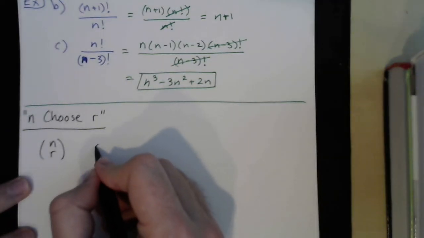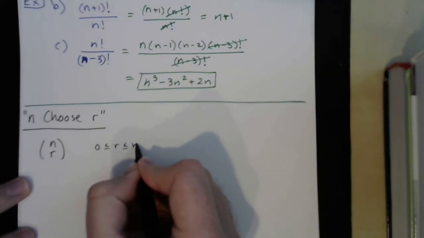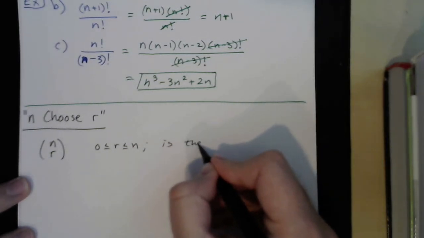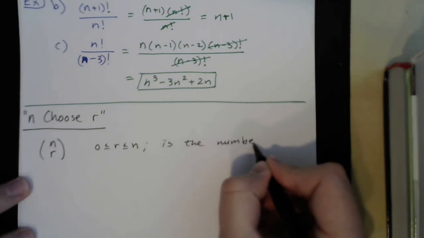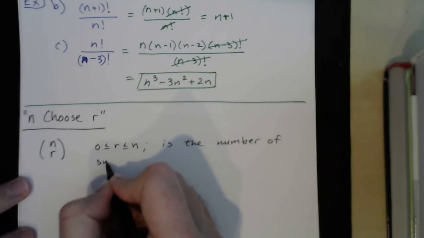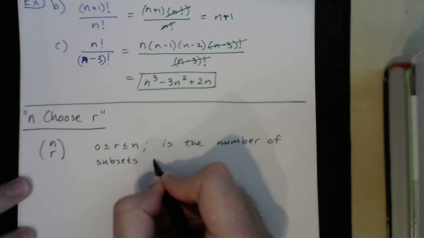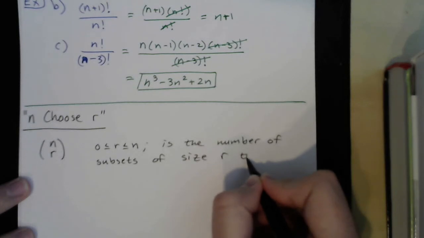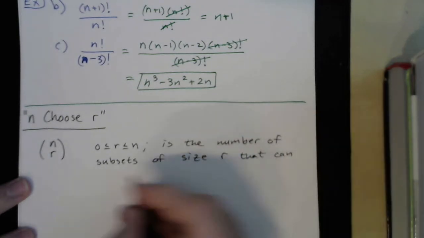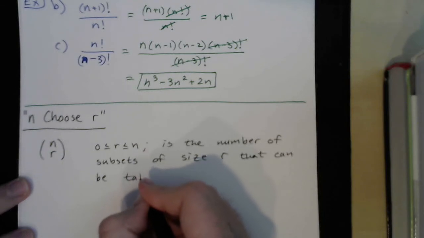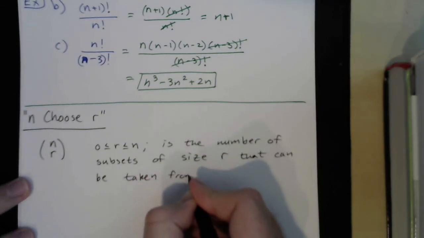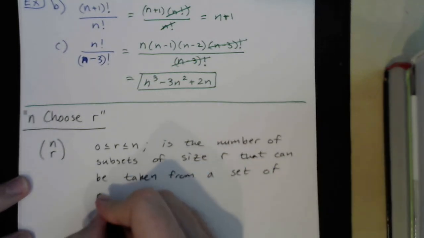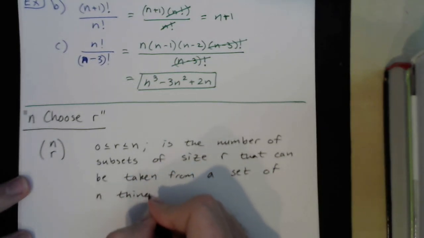The requirement is that 0 is less than or equal to r is less than or equal to n. And this is the number of subsets of size r that can be taken from a set of n things, or n elements.